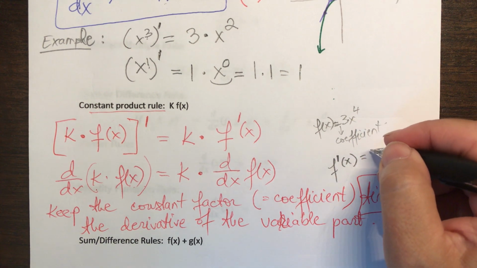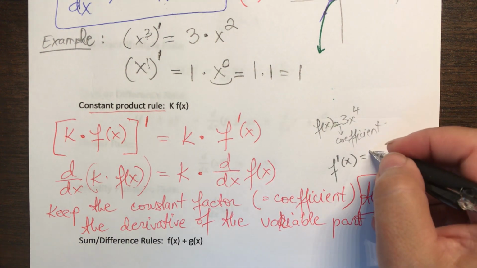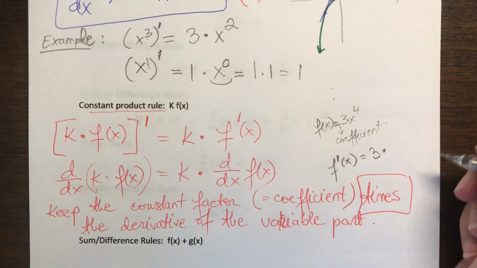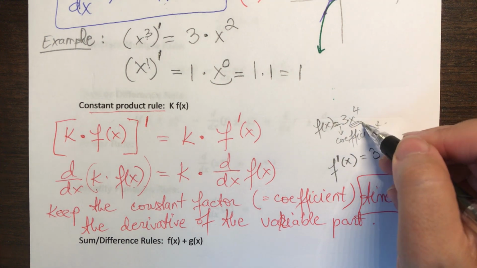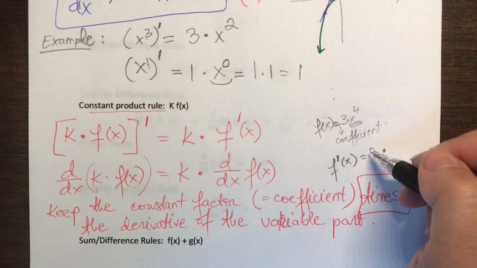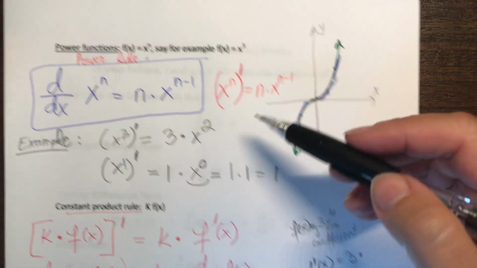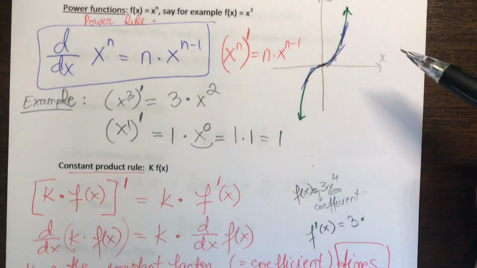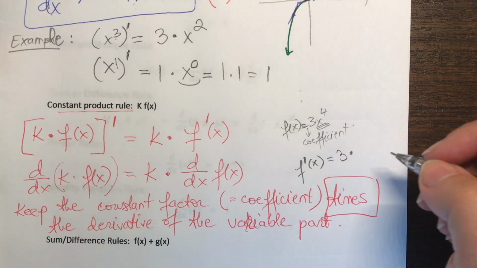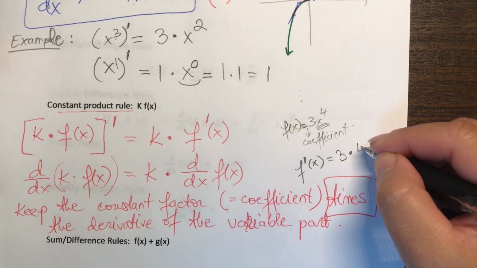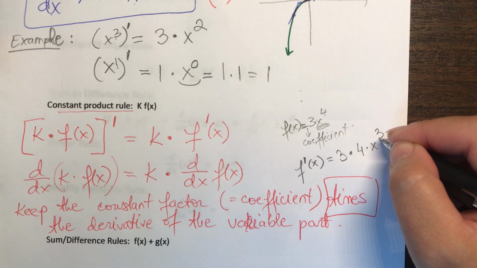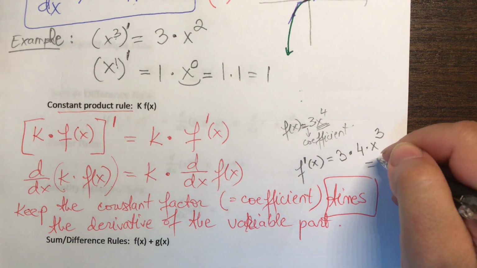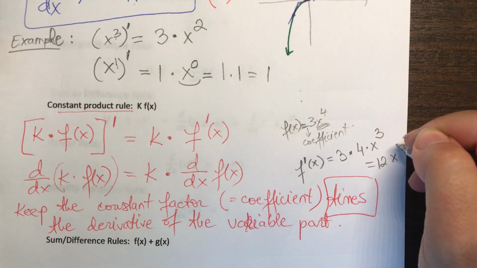So the derivative, this rule here says I'm going to keep that coefficient, the constant factor, times, move on and just take the derivative of the variable part. For this part here, we're simply going to use the power rule, right, from up above. So what's the derivative of x to the fourth? Well, the power rule says you bring down the exponent times, you decrease the exponent by 1. So 4 minus 1 is 3. So the answer for that would be 12x to the third.